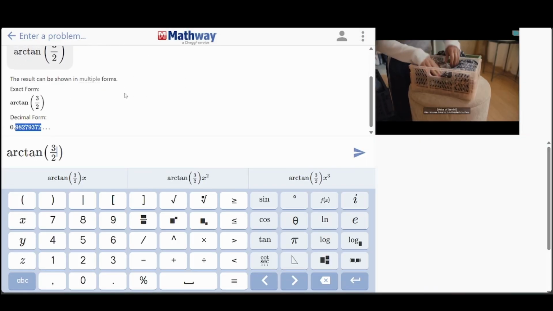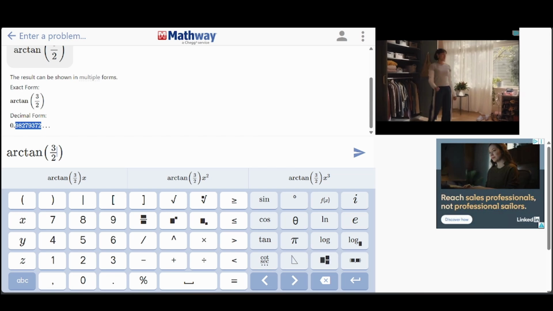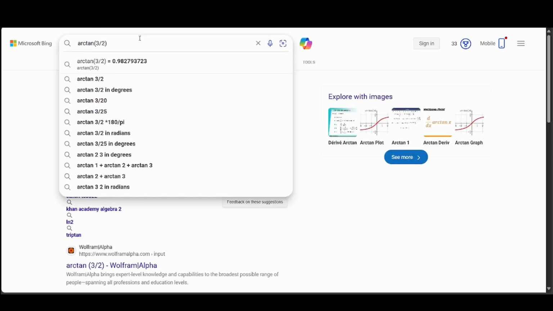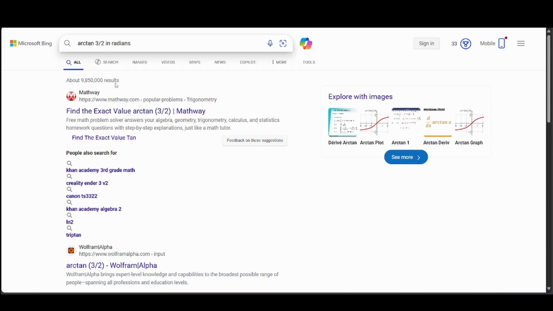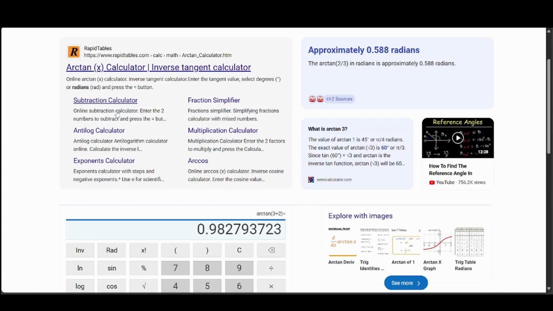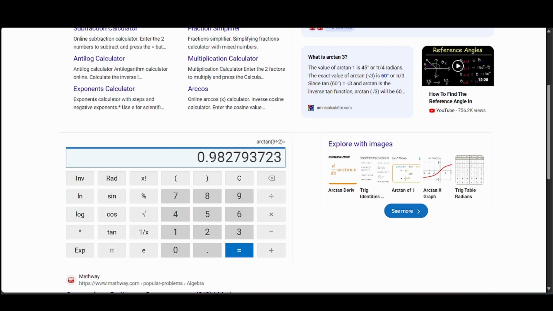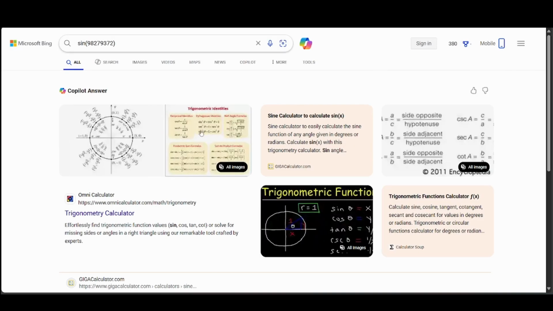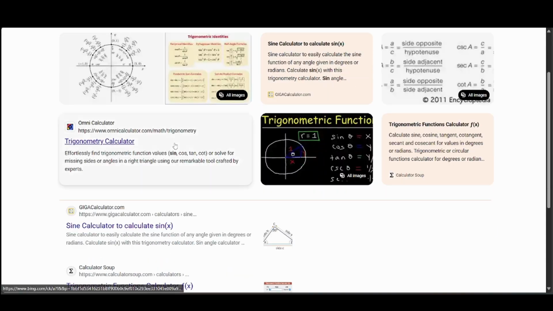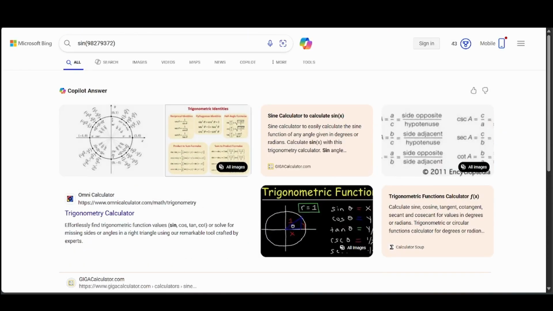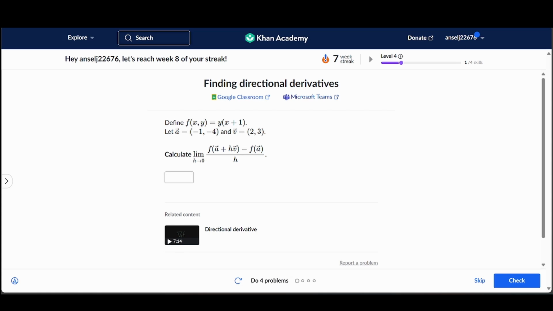Is this in radians? In radians. Oh my god, I have to go to another calculator. Okay, it's that in radians. Oh my god. Why? Bro. What is this?